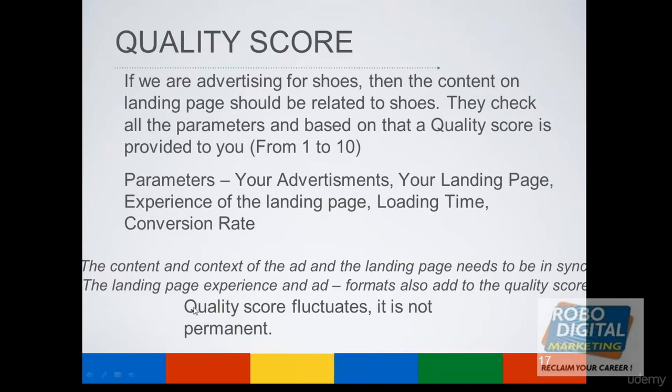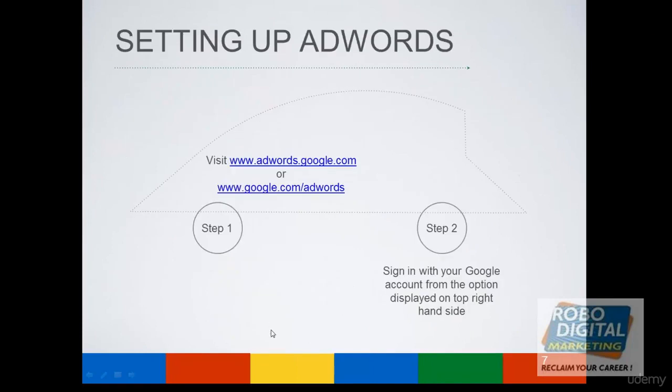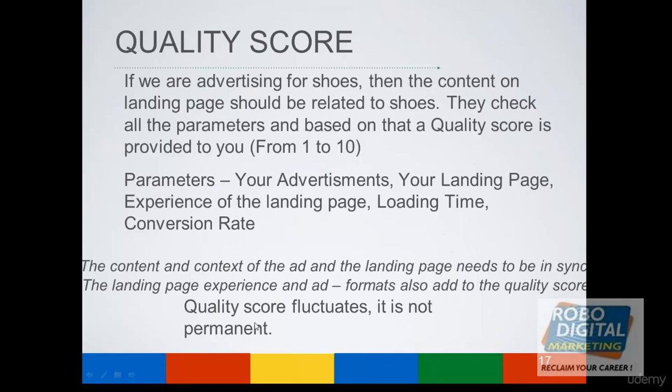And quality scores keep on fluctuating, it is not permanent. As you keep on changing the ads, it will keep on varying. It also keeps on changing with the user search. Whatever the user is searching, it keeps on changing on that as well.